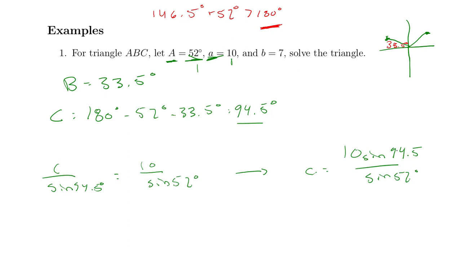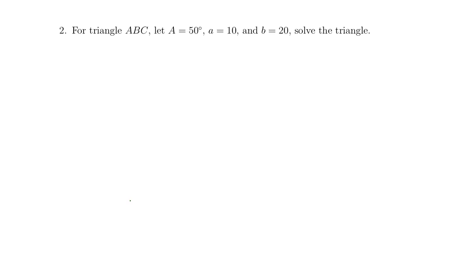And let's go ahead and figure out what that is. 10 times sine of 94.5 divided by sine of 52 degrees is 12.65. Where's my cursor? There we go. So we've got our side length C, angle B, angle C, and that fills out the rest of what we needed. Cool. So there's our one option for our triangle.